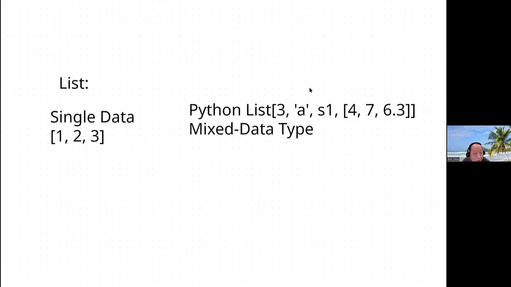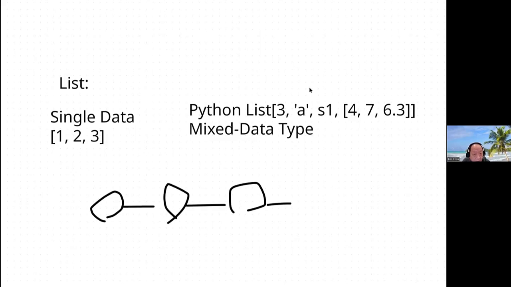So in a Java list, you can have some data followed by another data, followed by another data. Let's assume you have 3, 4, 1, 7, and you have this list. And then you can add one more data to the end. Let's assume that you put A there.